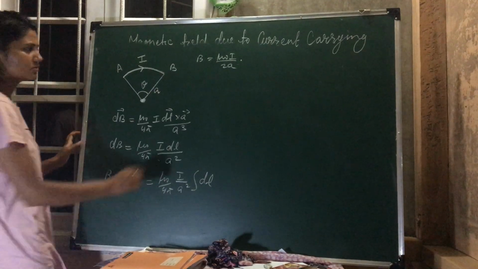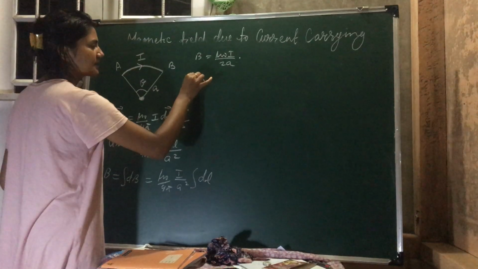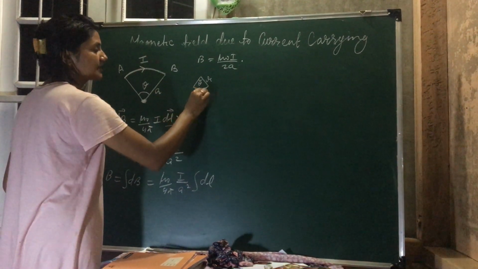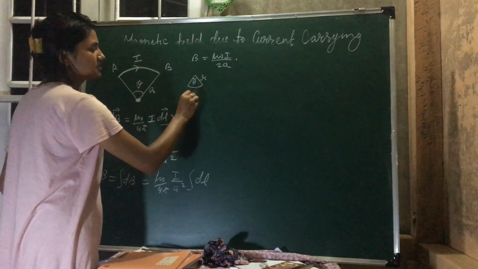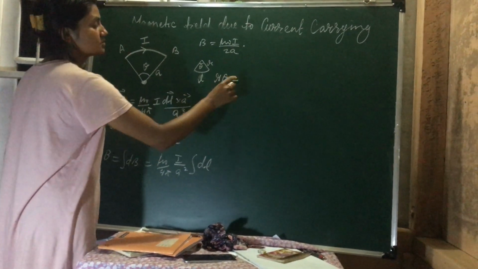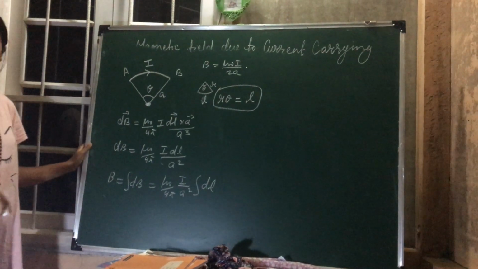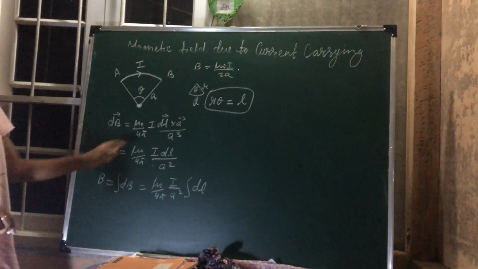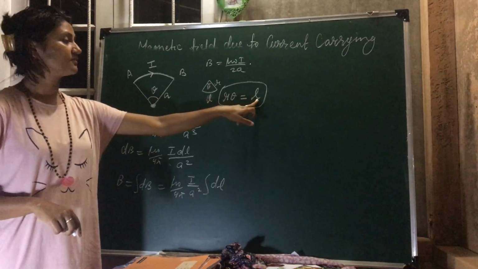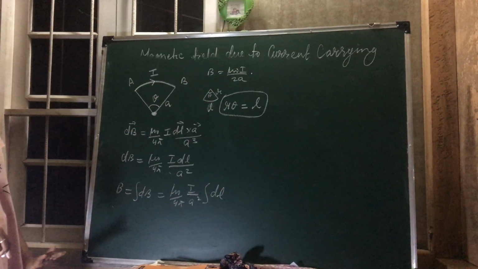Do you know that if this is the radius r, this angle is theta, and this is the length, the relation is r theta is equal to length? This is a formula from class 10 you might have learned. If you haven't, now you need to know. Radius, angle and the arc: the length of the arc is equal to the radius times the angle containing it.